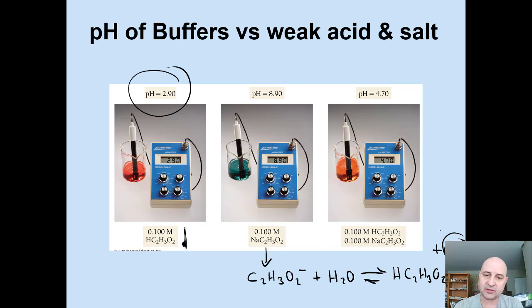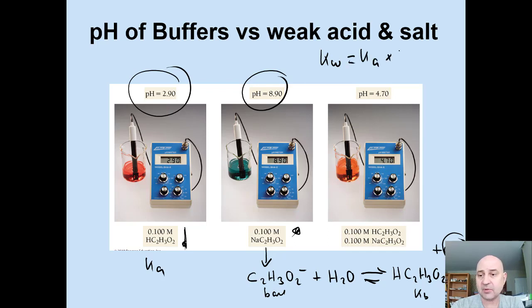That hydroxide is causing the pH of this solution to go up past 7, because we know this is a base. Remember, we can calculate the Kb for that, as long as we're provided with the Ka. The relationship, just as a reminder, is Kw equals Ka times Kb, and Kw is 1.00 times 10 to the minus 14 at 25 degrees Celsius.